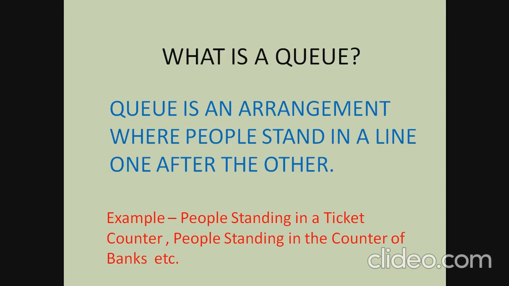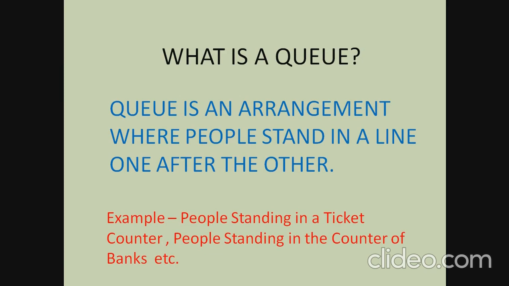And you all understand that there are some rules that are followed when you are standing in a queue. That is, you should follow some protocols while standing in a queue. You cannot enter the queue before a person. You should always enter a queue after all the people standing in the queue. That is, you should be behind.